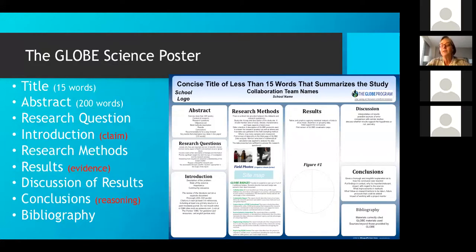Certainly the bibliography is important, including, I will say, the scientists that the student group may have worked with throughout their research. So this is kind of like the anatomy of a science research poster. And again, like I said, the template is on the Globe website.